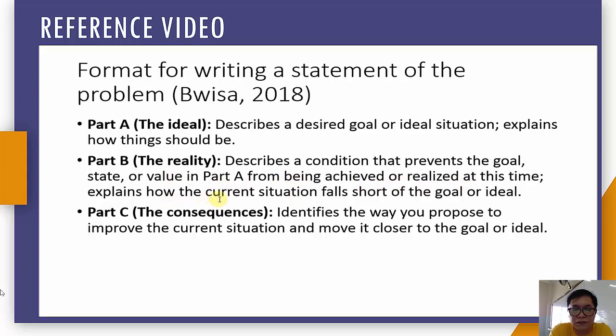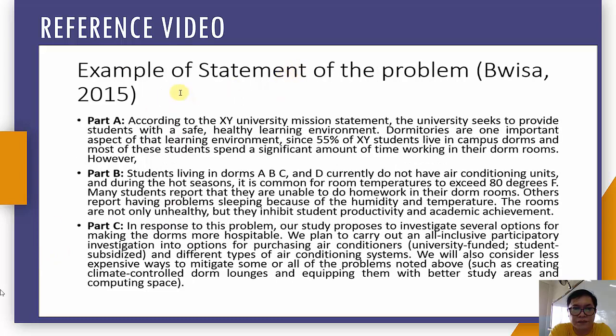So, it explains how the current situation falls short of the goal or ideal. And part C, the consequences, identifies the way to propose to improve the current situation and move it closer to the goal or ideal. So, ang halimbawa nito ay ito. So, ito yung example ni Visa sa part A, B, and C, the statement of the problem.